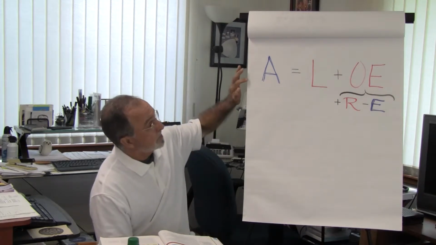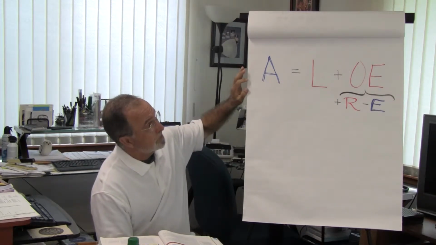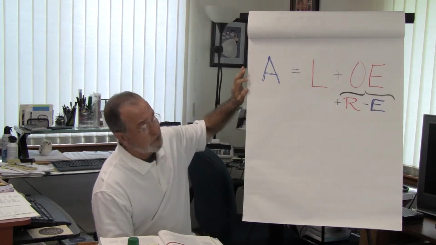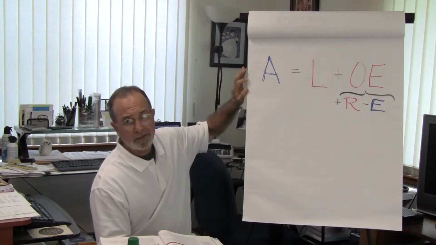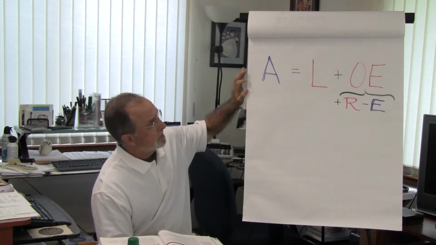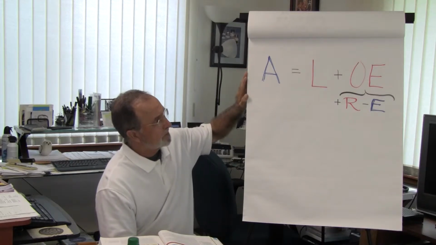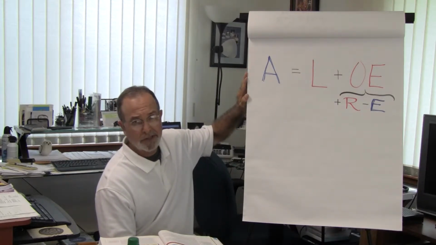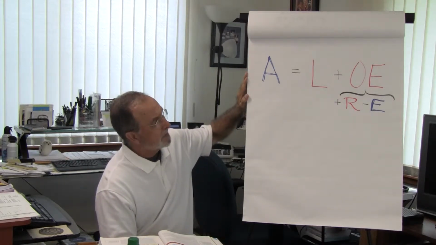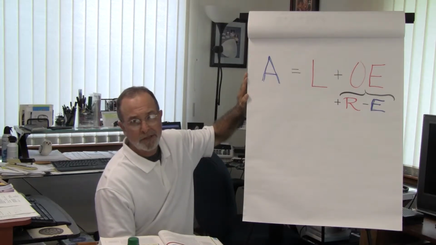What I've done here is I have kind of restated the accounting equation a little differently from the previous lesson presentation. This equation format shows simply assets, liabilities, and owner's equity. And under owner's equity we see revenues and expenses.